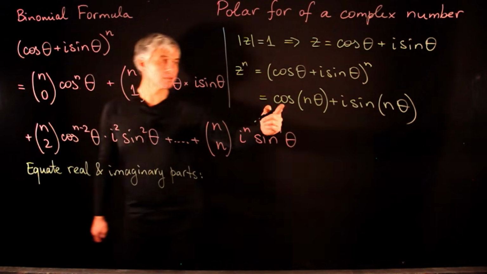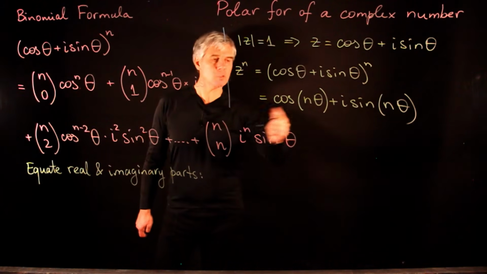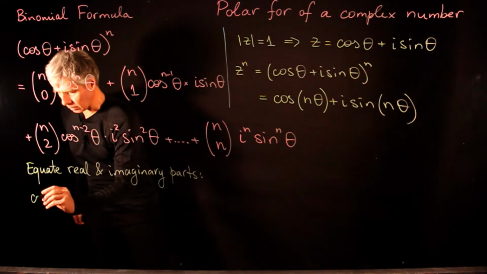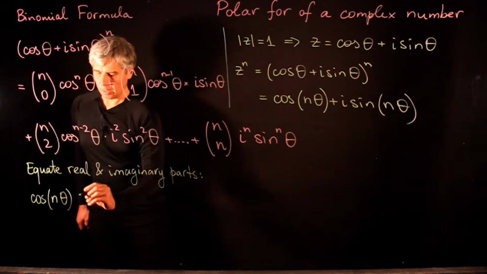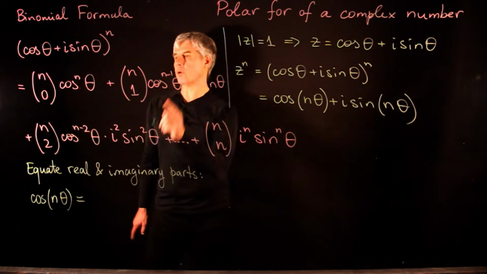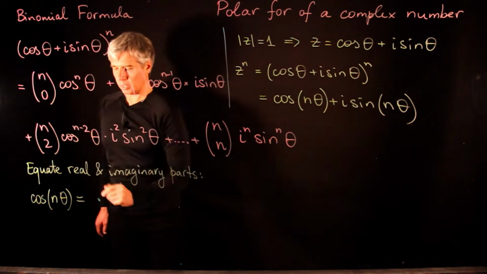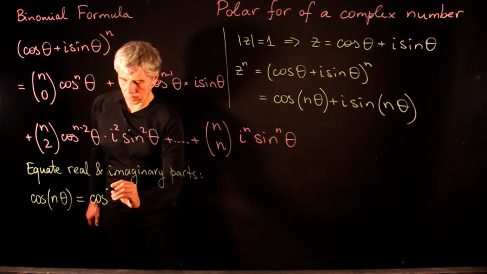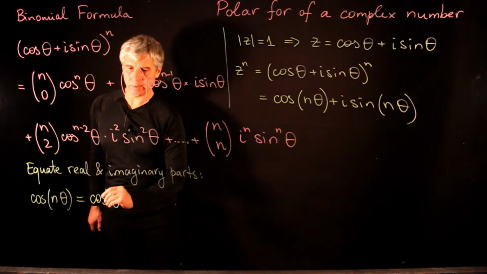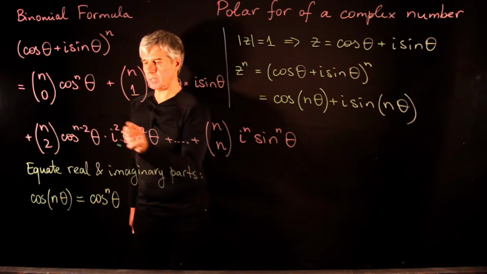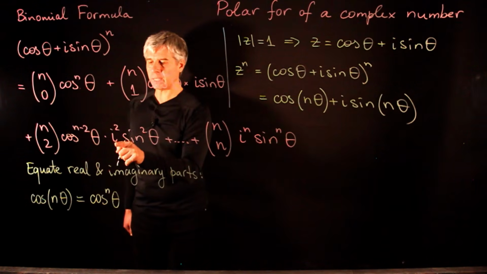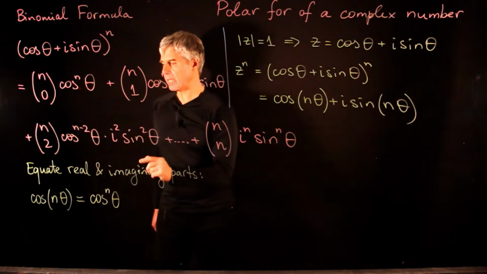So for the real part, the real part of this expression is cos of n theta. And for the left formula, here we're going to get cos to the power n of theta. Then we skip this imaginary term, and so the next real term will be with i squared, but i squared is minus 1.